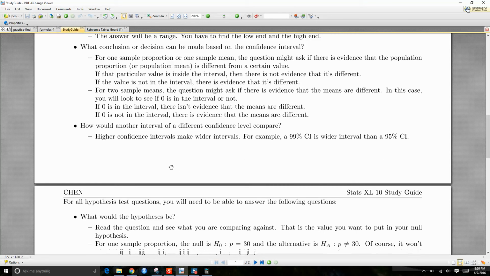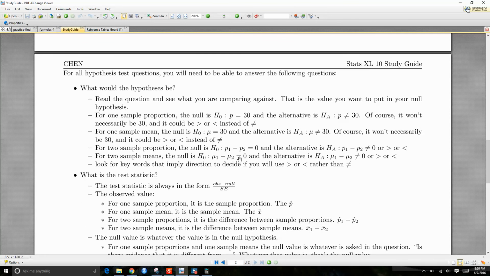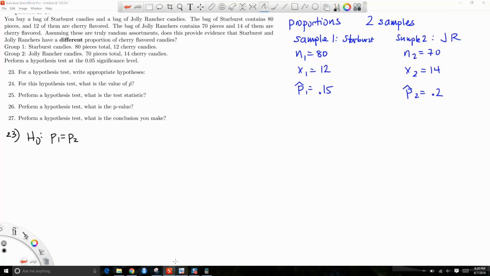Over here I wrote it in the other form, p1 minus p2 is equal to 0, but those are the same thing. Then the alternative hypothesis, we want to know, are they different? So we would say p1 is not equal to p2, or p1 minus p2 is not equal to 0. Either way you've written these, they're saying the same thing.